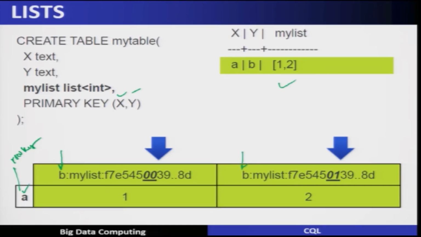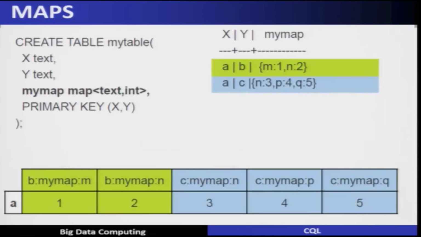Together they will identify my list values. So, my list is some arbitrary value, and in that there will be 2 values: 0 0 and 0 1, the first value will be 1, the other value will be 2. In this way all these list values are being used.